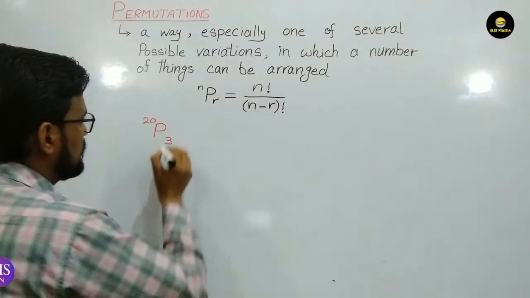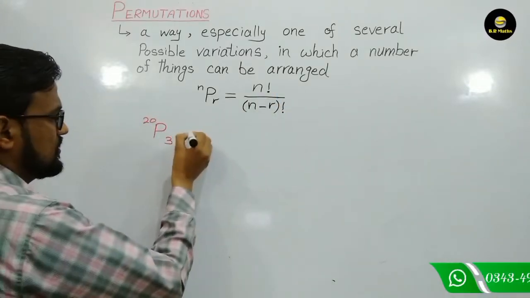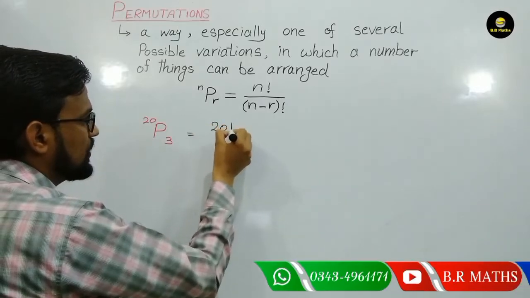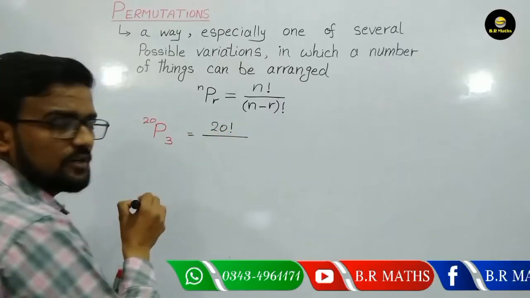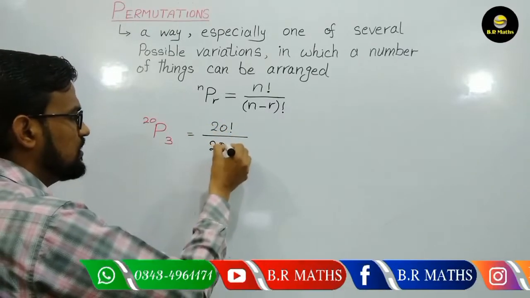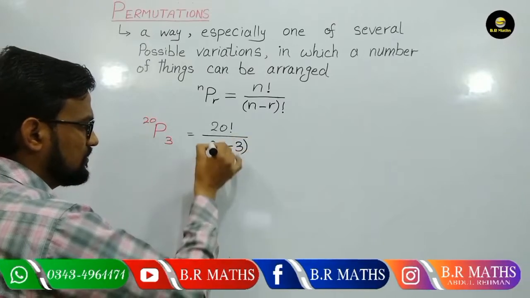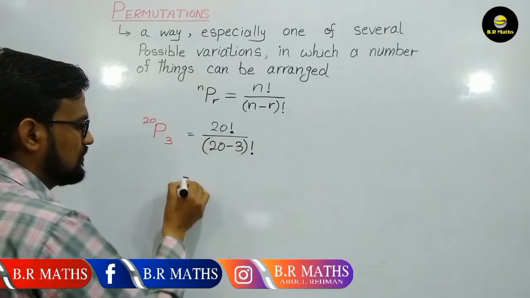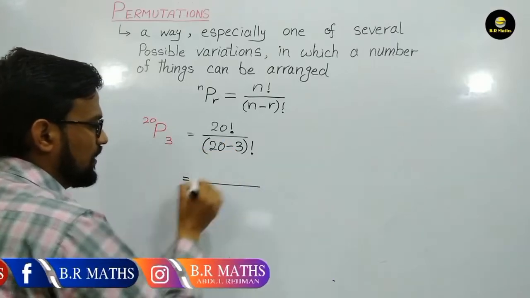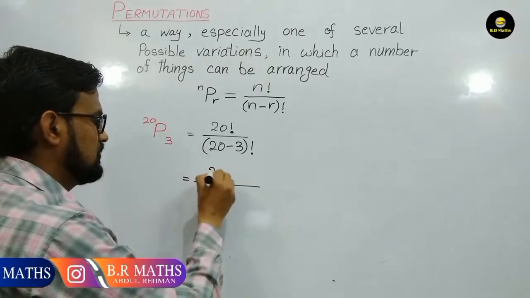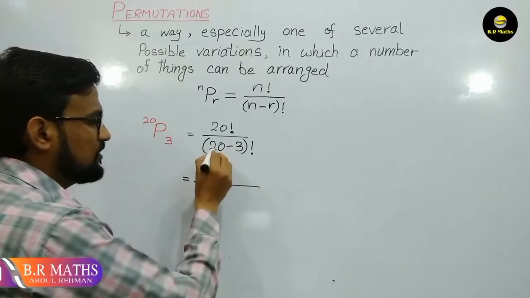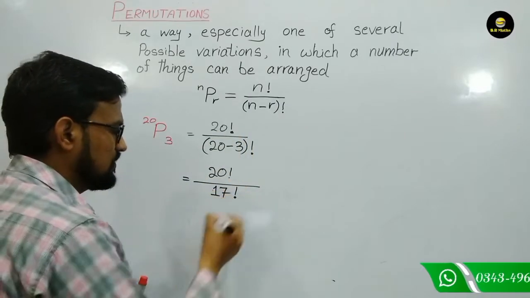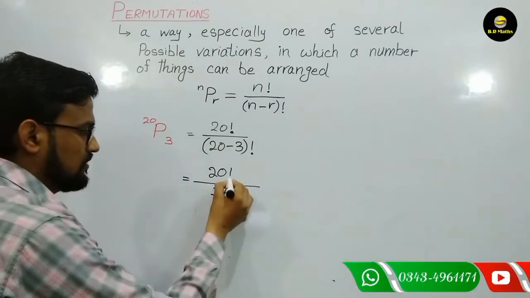According to this rule, it is 20 factorial divided by (20 minus 3) factorial, and 20 minus 3 means 17.